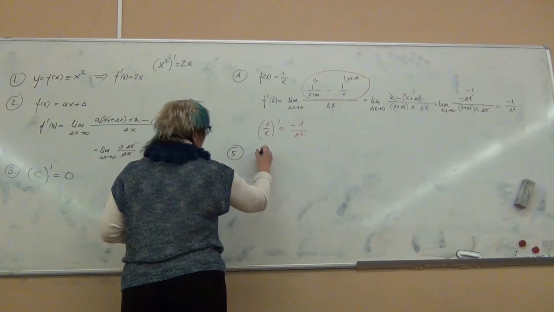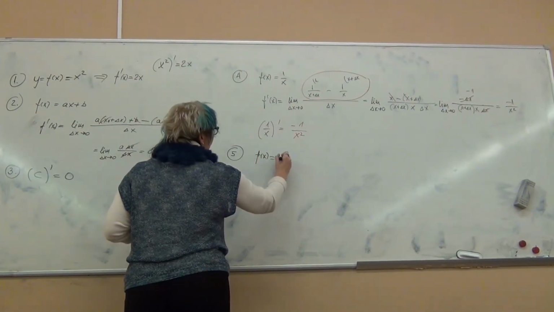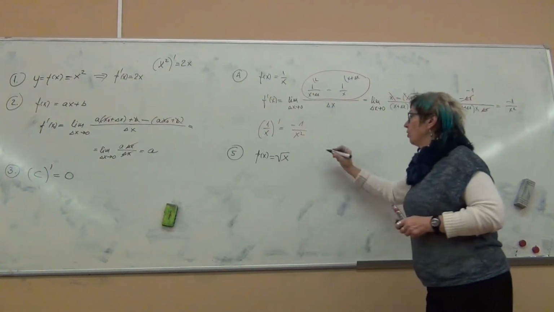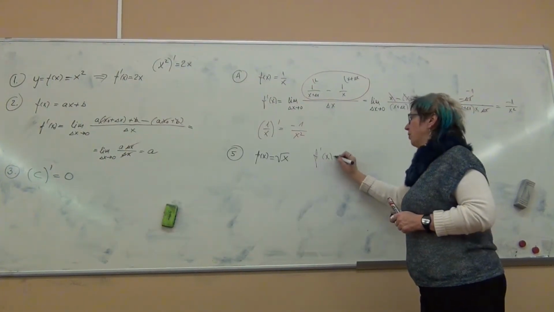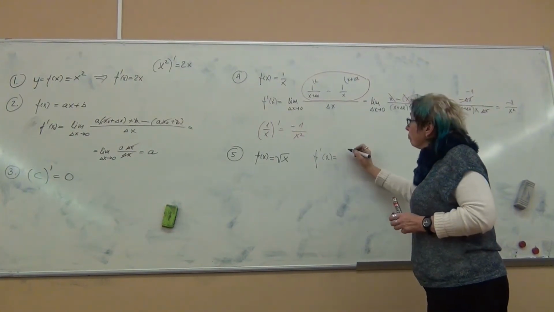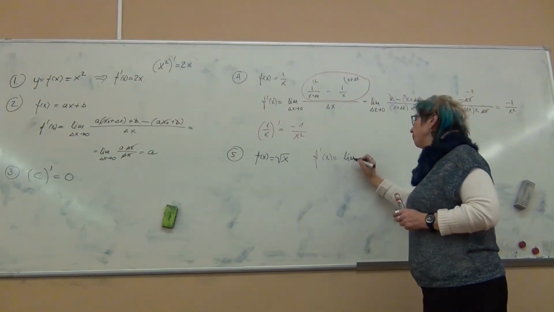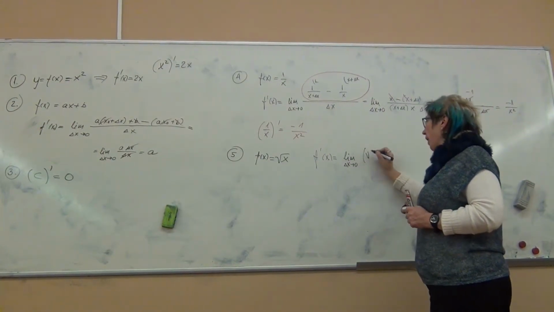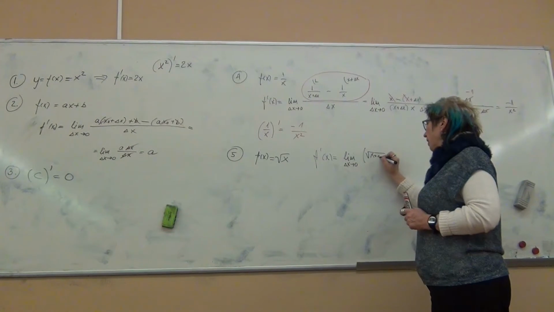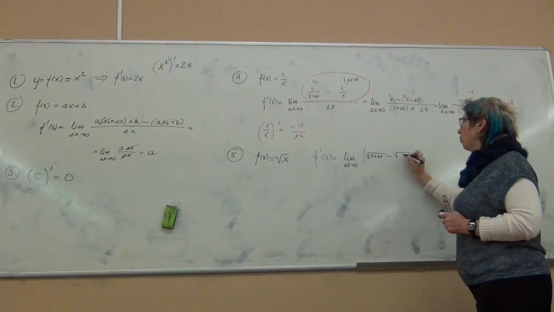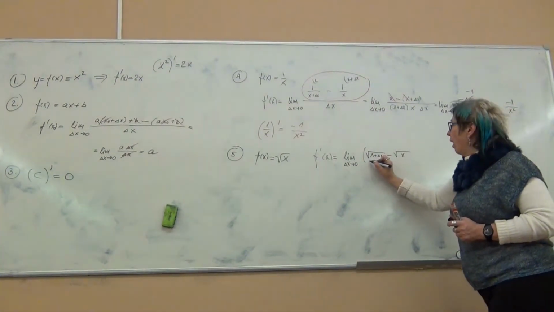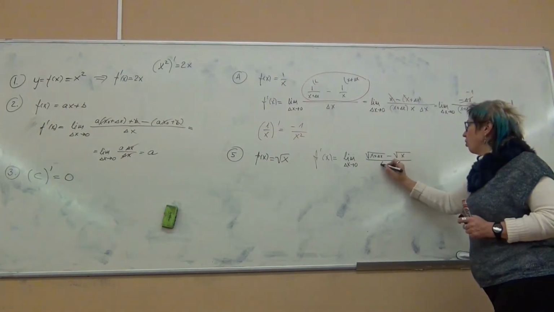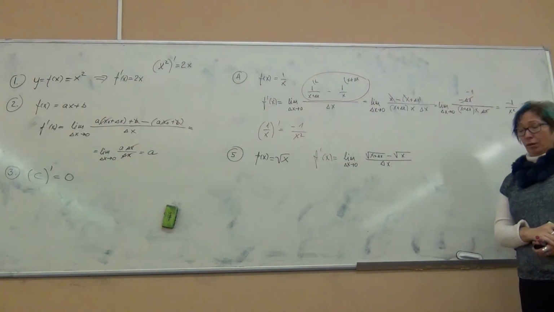Number 5, let's take the square root. So the derivative of this is the limit as delta x tends to 0 of the square root of x plus delta x minus the square root of simply x, divided, of course, by delta x.